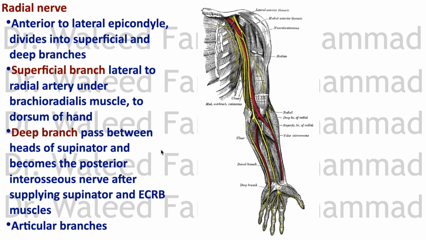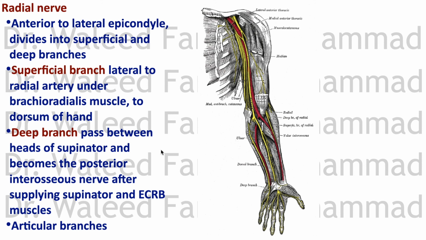The deep branch of the radial nerve passes between the heads of supinator, or pierces the supinator, and becomes the posterior interosseous nerve. It's the main nerve to supply the extensor compartment of the forearm. But before becoming the posterior interosseous, it supplies the supinator and extensor carpi radialis brevis.